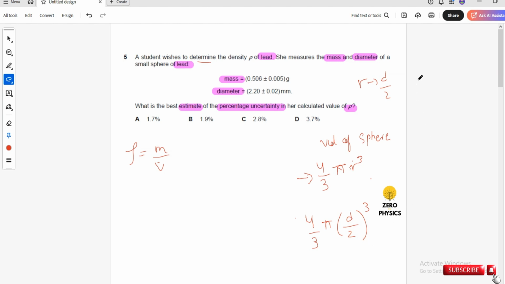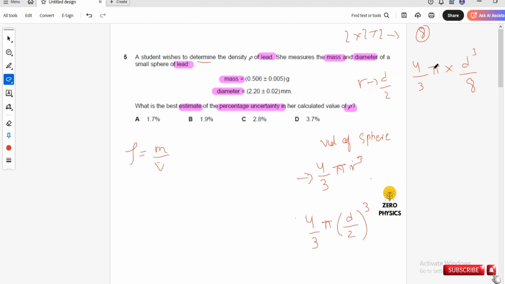So let me expand it here. 4 over 3 π d cubed, and 2 times 2 times 2 is equal to 8, obviously.